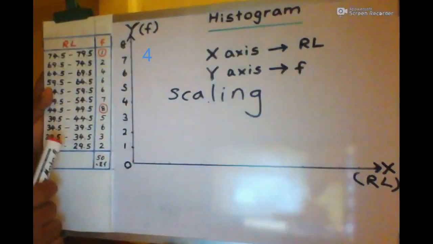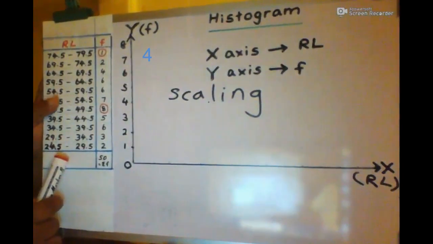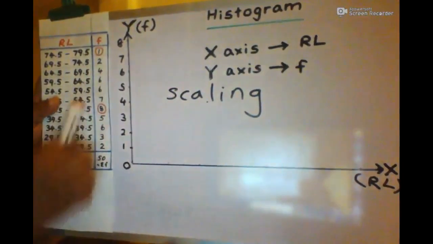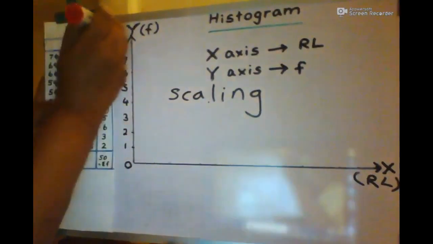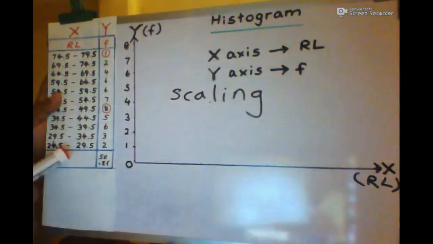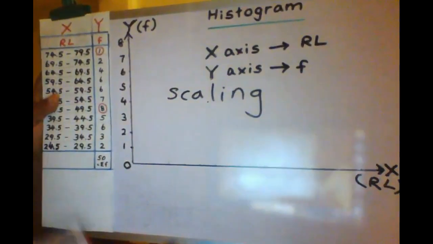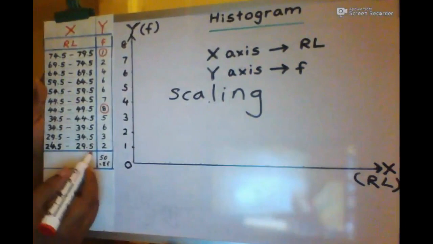Now when you are doing the real limits on the x-axis, this one is the x-axis, and this one is the y-axis. When dealing with the x-axis, you will have to find the lowest value. What's the lowest value here? Is it 29.5?